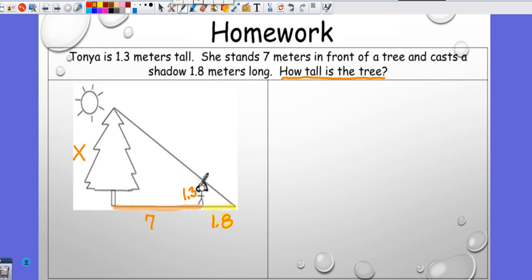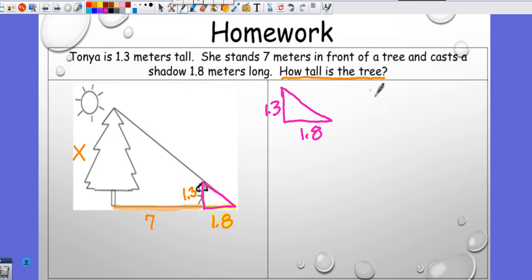Okay. Now we got a situation here. It's asking me to find the height of this tree. Well, look, babies. I have a triangle right here, and I have a big triangle too. Let me draw the little one first. So the little one was that one. That's 1.3, and this is 1.8, and they told me these.